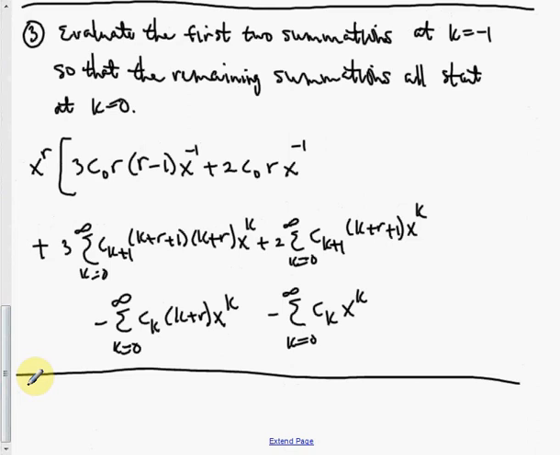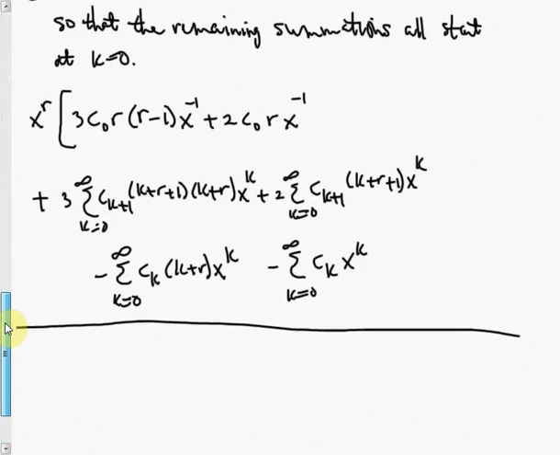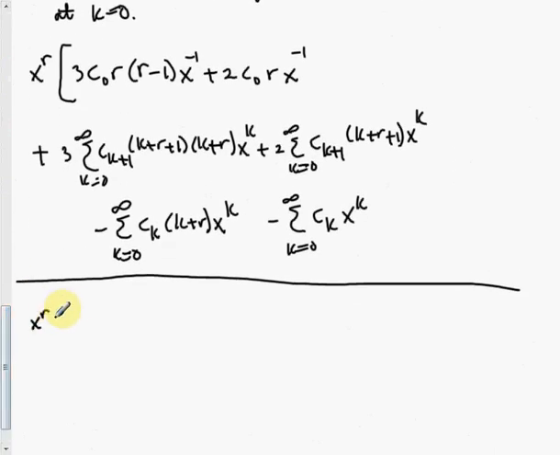So here, evaluate each summation so that each summation starts at the same value. So continuing with that, what we have is this x to the r on the outside times the brackets 3 c naught times r minus 1 times x to the negative 1 plus 2 c naught times r times x to the negative 1, and then plus this.